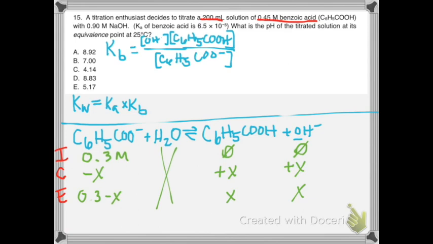So we can solve for Kb because Kw over Ka is equal to Kb. So we'll have 1 times 10 to the minus 14 divided by the Ka, which is that 6.5 times 10 to the minus 5.